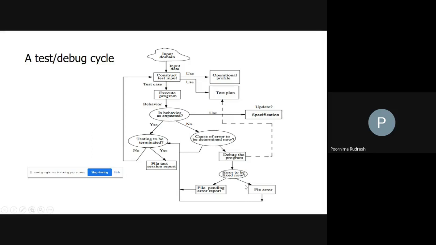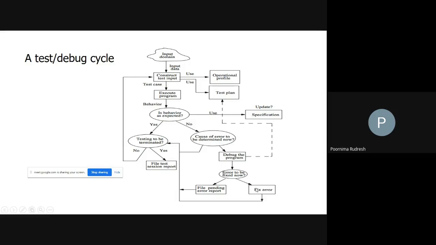If the errors are not yet fixed, then we file a pending error report, and once again the same process repeats, right? Once the errors are fixed, we execute the program again, and if they are not fixed, that process continues.